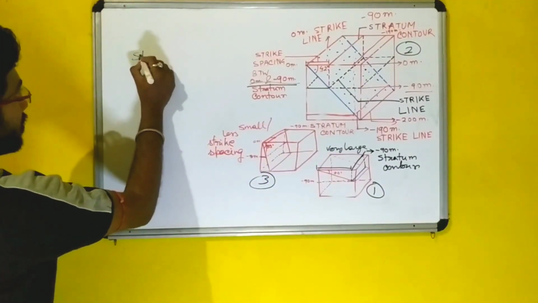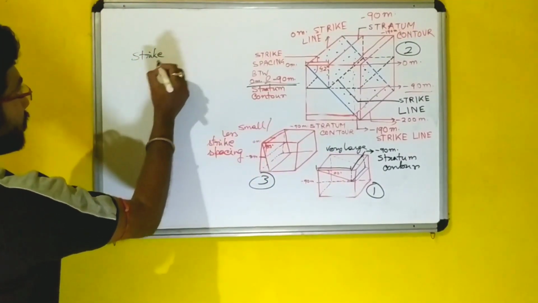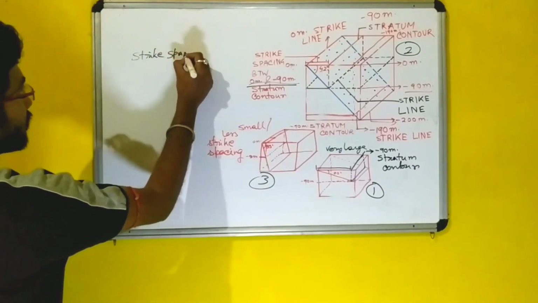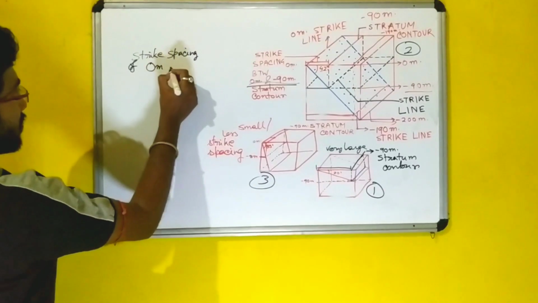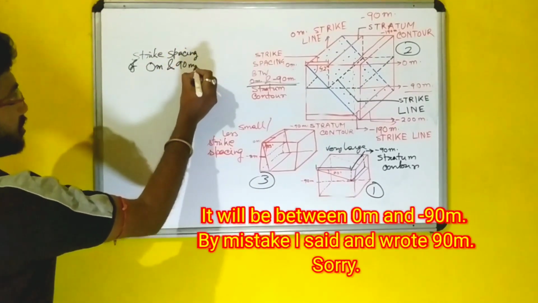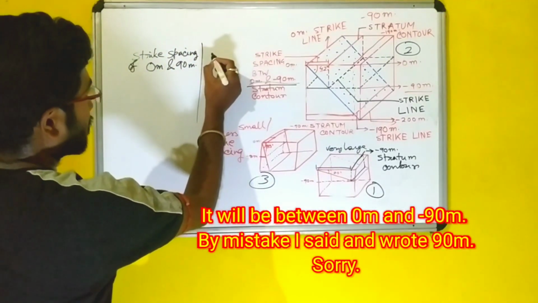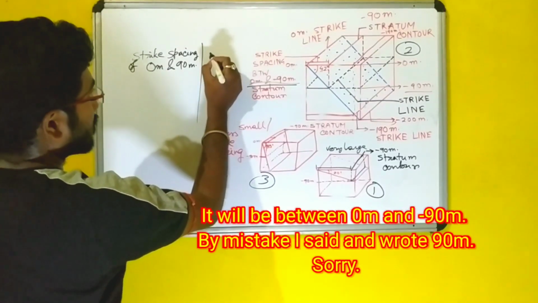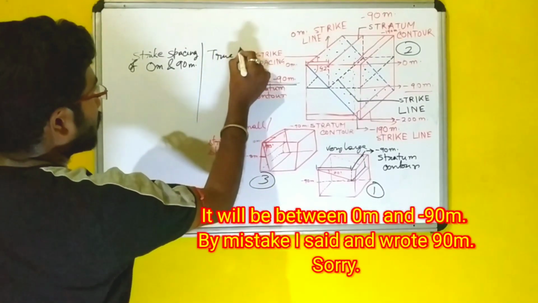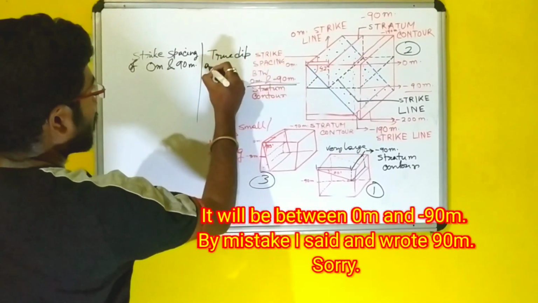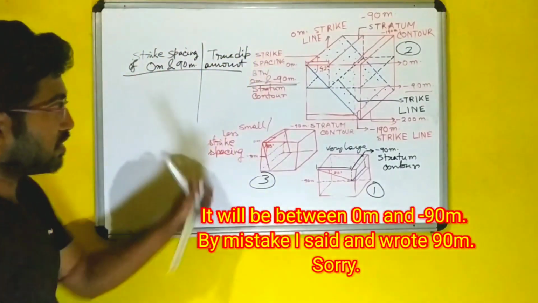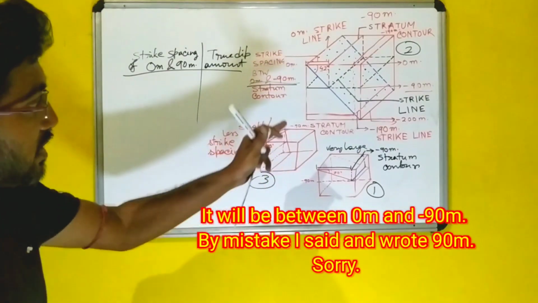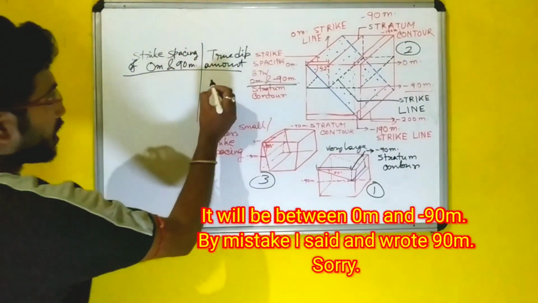Means if I compare the strike spacing of 0 meter and 90 meter column wise with 2 dip amount, here everything else are constant. Dip direction, strike of the bed, everything is constant.